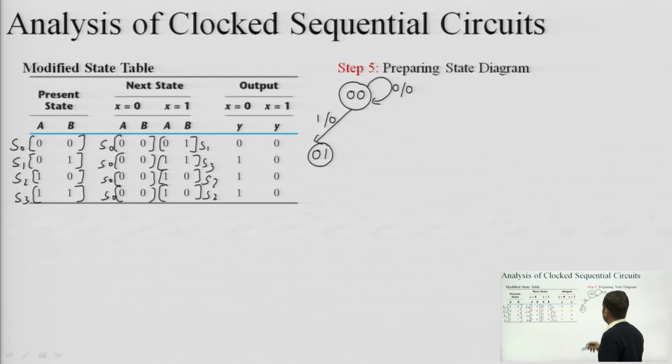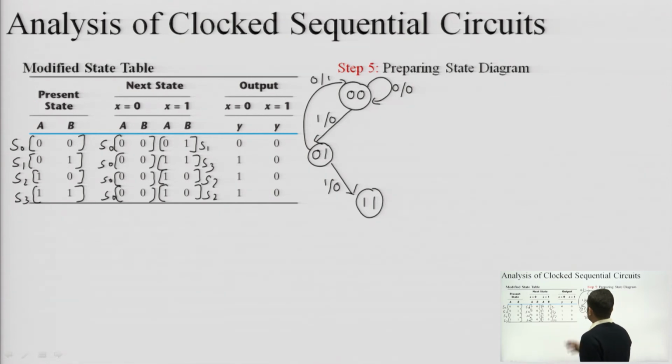And for 0 1, you will move back to this, and output will be 1. Okay. And then proceeding further, 0 1, second case, if it is 1, then we will proceed to 1 1 for x is equal to 1, and output will be 0.